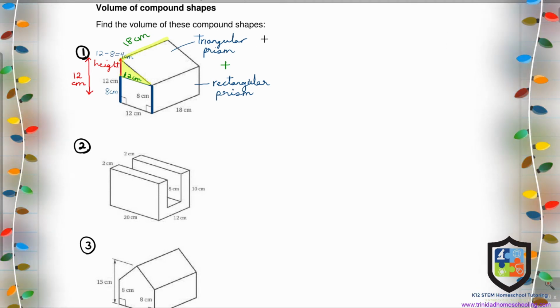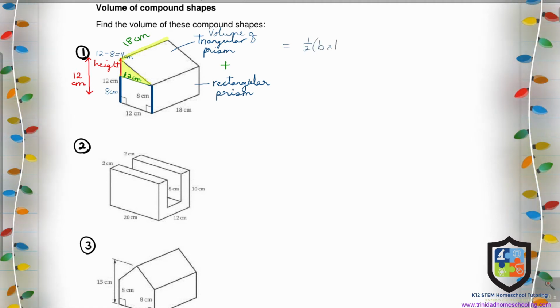So now we can write our formula. The volume of the triangular prism is a half of the base by height by the length. And let's put in our values.